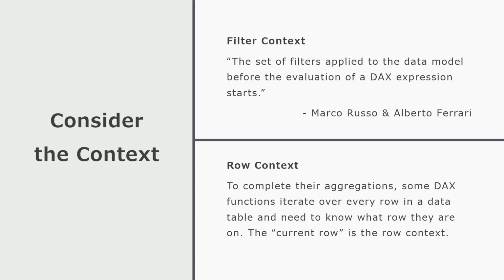Now go to the next row, do the same calculation, the next row, and the same calculation. As the DAX engine in Power BI is iterating over all of those rows, it's got to know, well, what row am I on now? What row's coming next? So that's called row context.